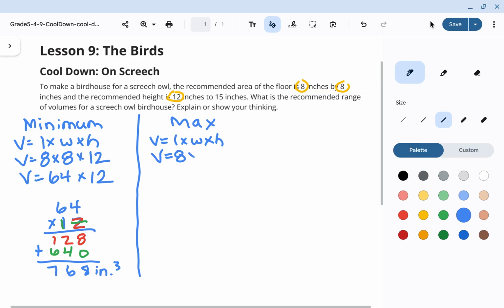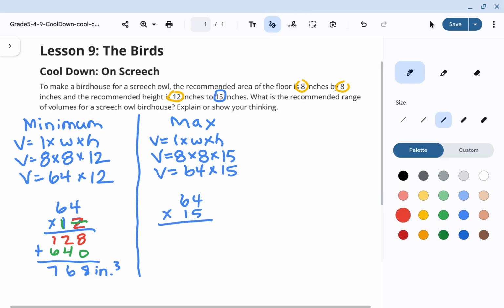We have a length of 8, we have a width of 8, but what's changed is the height. The height now for the max is going to be 15. Now, I'm still starting at the same place. I know that 8 times 8 is 64. Now I'm going to come to the bottom and I'm going to find, well, what is 64 times 15, right?